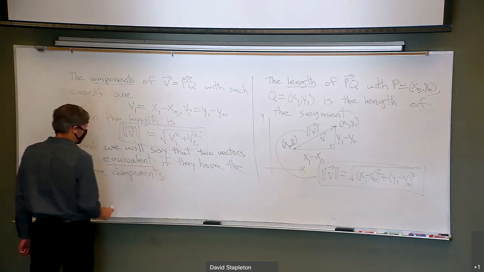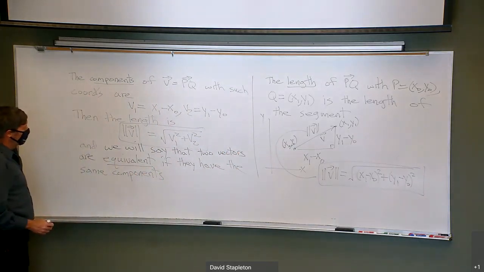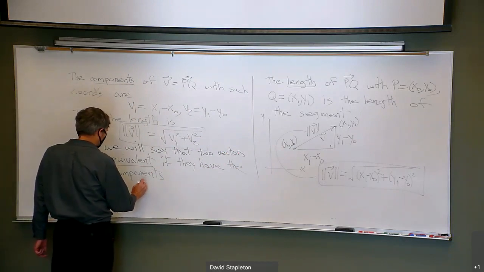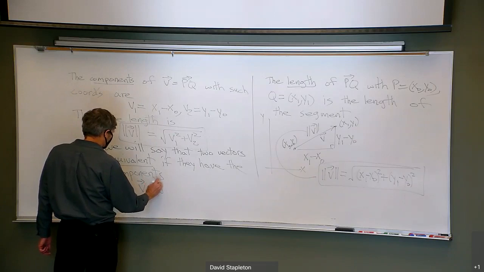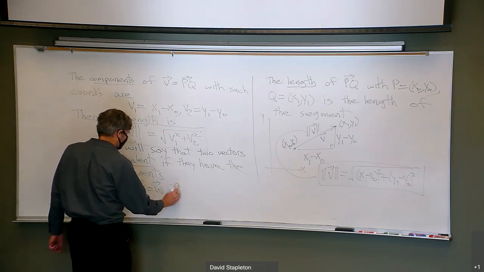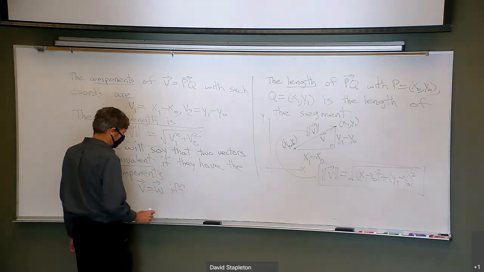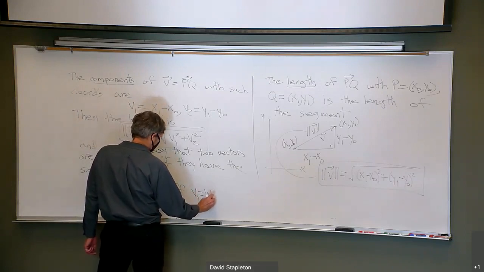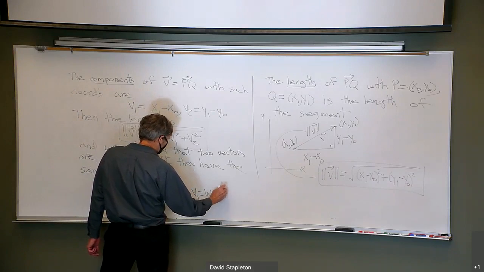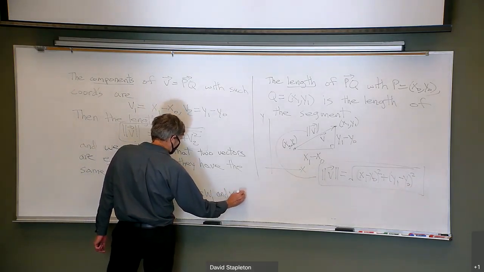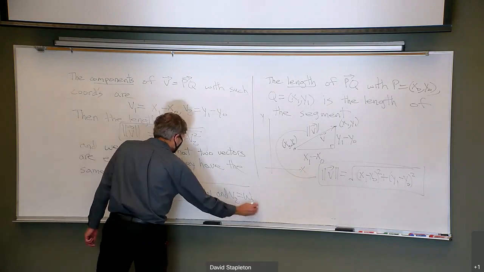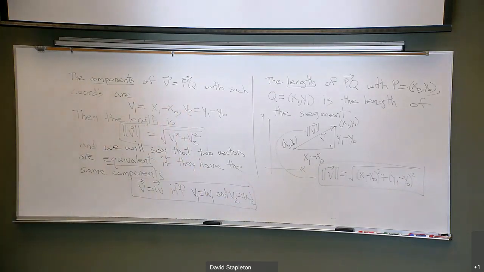All components identical. So vector V equals vector W if and only if, we write iff sometimes, meaning if and only if, their first components are equal and their second components are equal. Another property of vectors.